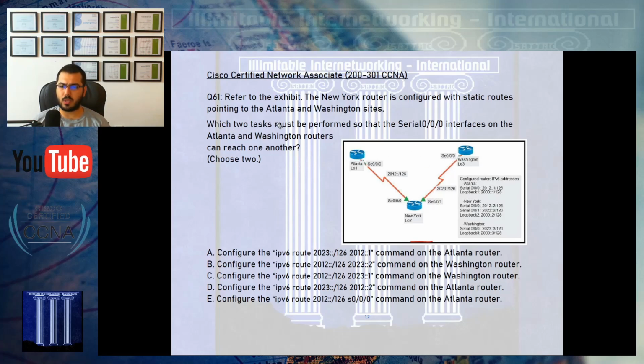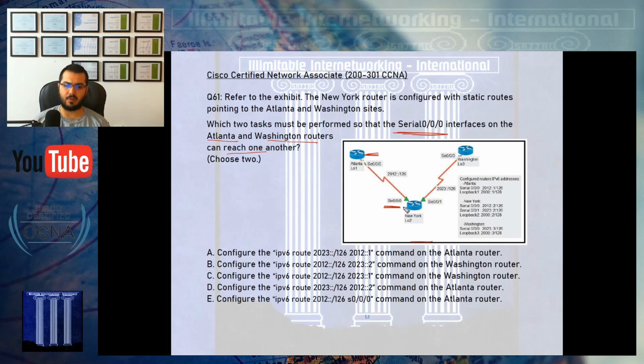Which two tasks must be performed so that serial 000 interface on the Atlanta and Washington can reach each other? So both of them need to reach each other using the IPv6 static route. What this means will be very simple.